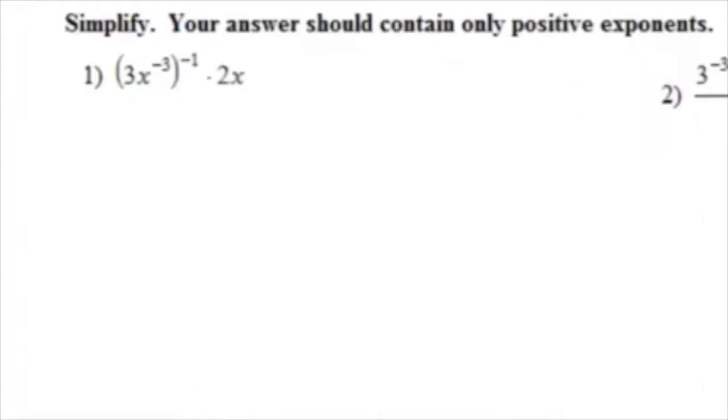Number 1. So we have to simplify, and the answer should contain only positive exponents. So the quantity of 3x to the third, to the power of negative 1, times 2x. Well, you start by distributing the negative 1. So you have 3 to the negative 1 times x to the third, and all times 2x.